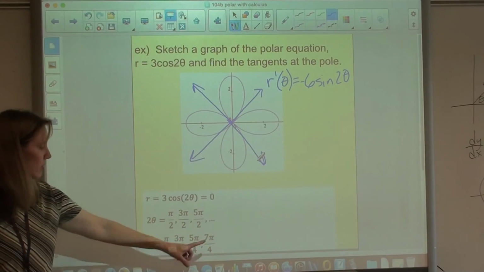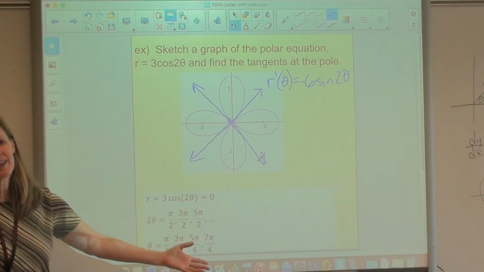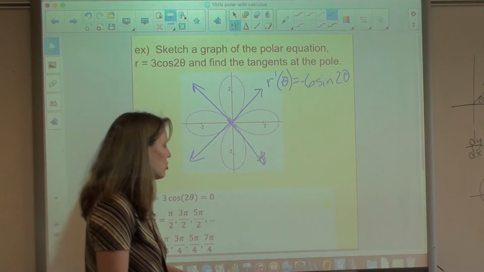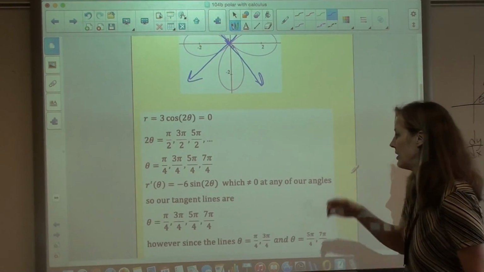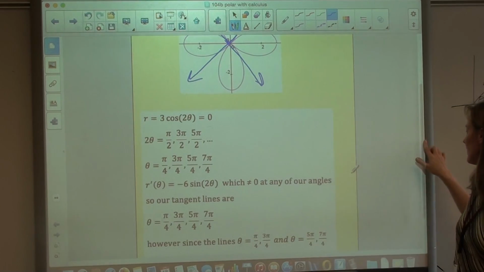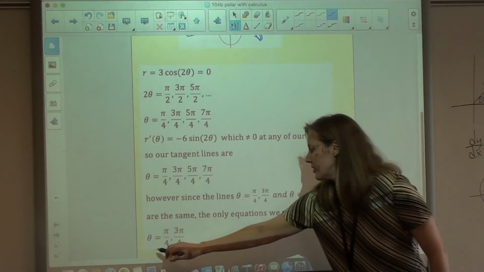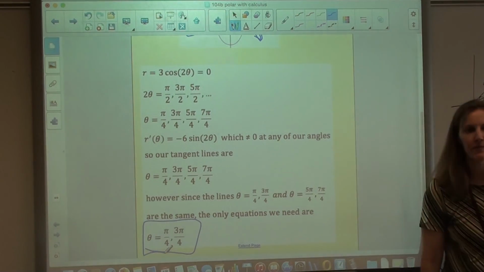And if I graph theta equals 7 pi fourths, I'm right on top of the 3 pi fourths line. So technically, there are only 2 tangent lines, so you really should only give the 2 equations so that you're not being redundant. So there's our 4 tangent lines, but since we have equivalency, these are the only actual 2 answers.